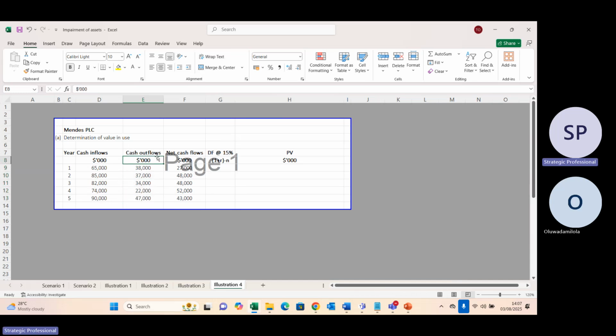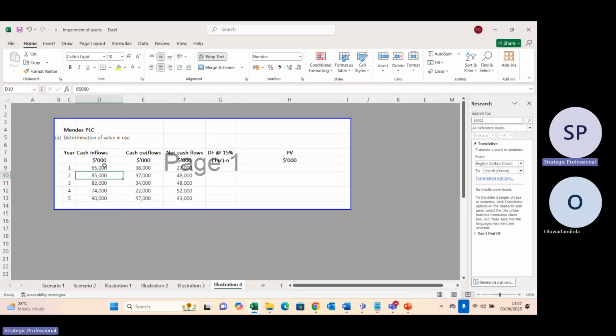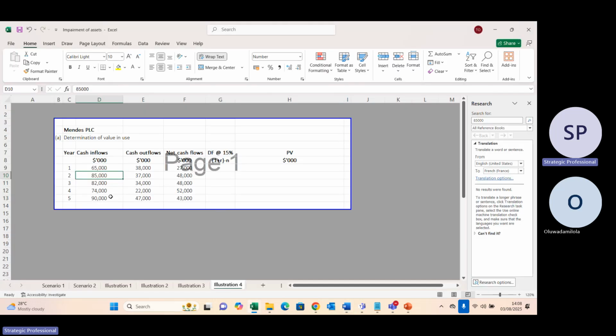What we're trying to do is, from this question, they said the company has an asset that is expected to generate cash flow over the next 5 years. And they told us the cash flow, which is 90. At the end of 5 years, the asset is expected to be sold for 48.5. So it will be 90 plus 48.5.